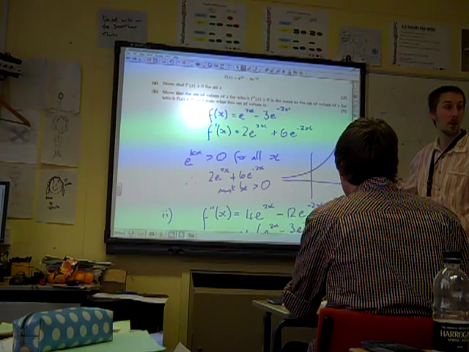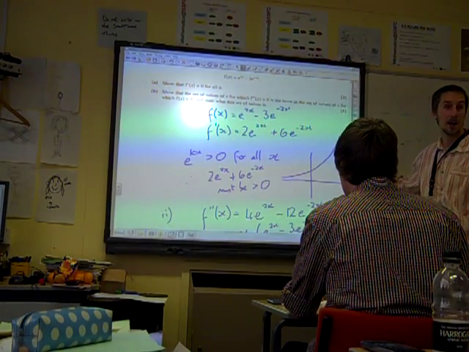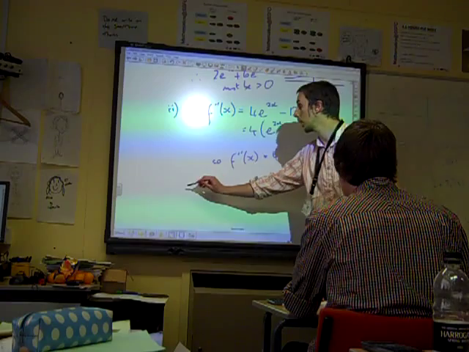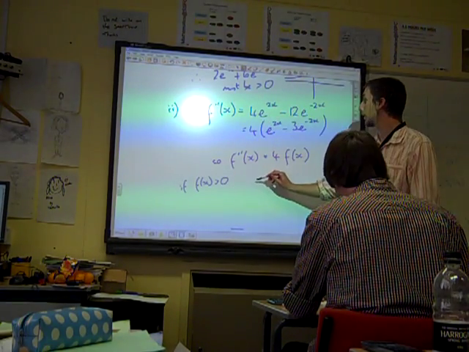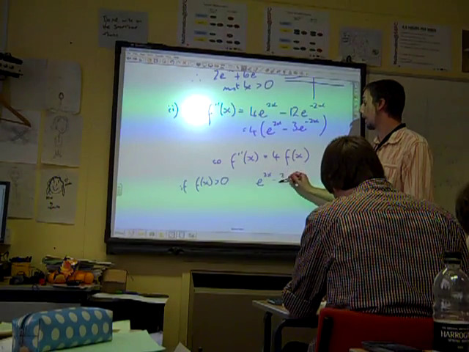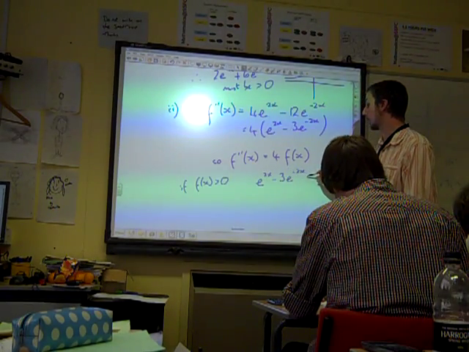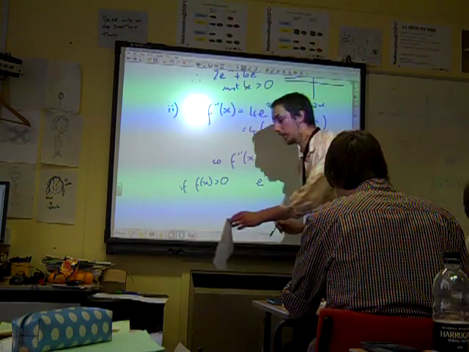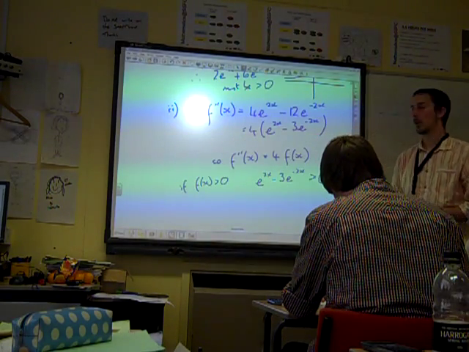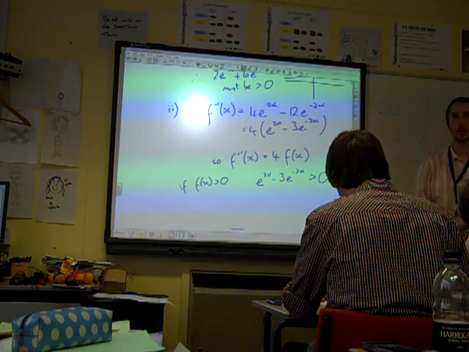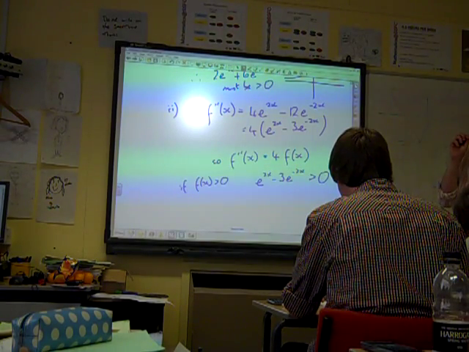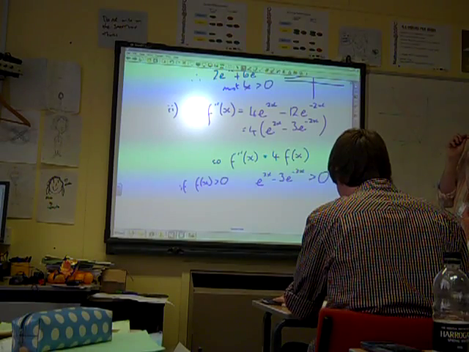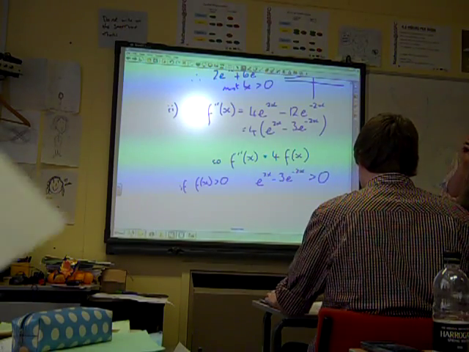So we want to find when is f of x bigger than 0. That means that e to the 2x minus 3e to the minus 2x is bigger than 0. We've got to solve that. Dave, you don't have to justify this statement above to say that it's only affecting the y-axis, the stretch. So hence the domain would be the same.